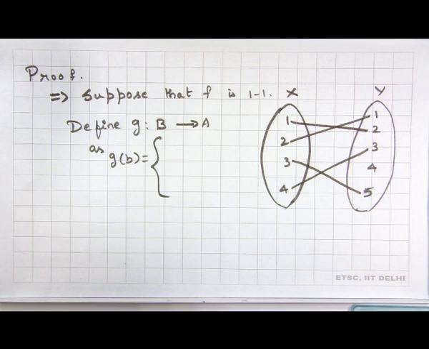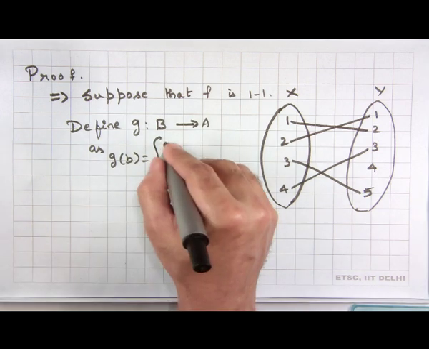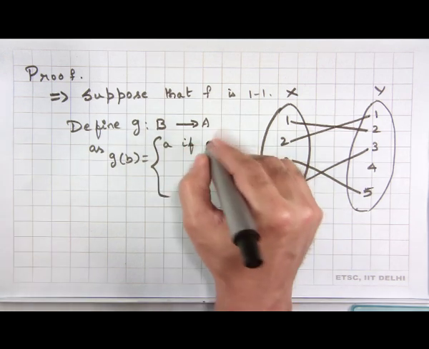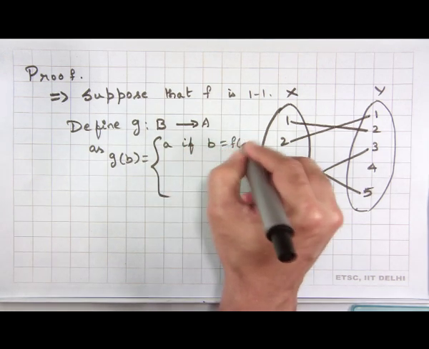So, let us define it as A if B is of the form f of A.